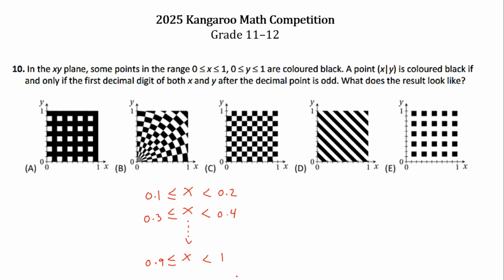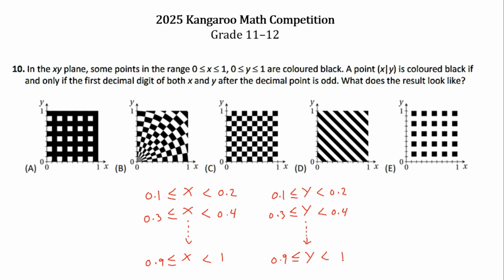Also, the y coordinates must belong to one of the following intervals: y greater than or equal to 0.1 but less than 0.2, y greater than or equal to 0.3 but less than 0.4, and so on up to y greater than or equal to 0.9 but less than 1.